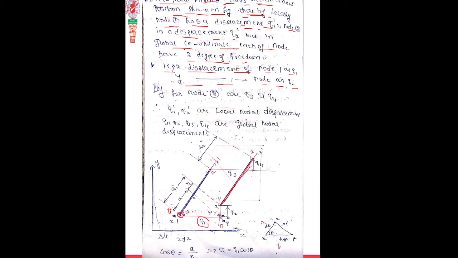Sorry, not this one, I'll erase it. So this node 1 takes a displacement along the element only, no? Initially it is here and moves to here. Therefore, the local displacement of node 1 is q1 dash, from here to here.